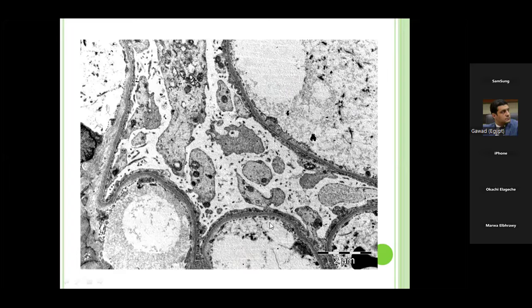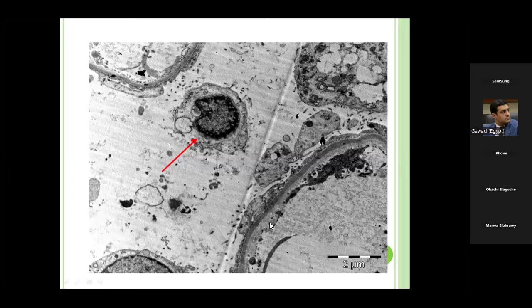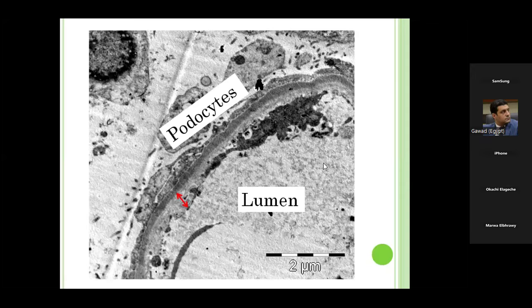Here we can appreciate widening of the lamina rara interna, maybe secondary to hypertension episodes that could occur in this case of focal segmental glomerulosclerosis. Here is the lumen and podocytes, and maybe this is segmental injury of podocytes, and these are the floating fibrin tactoids.